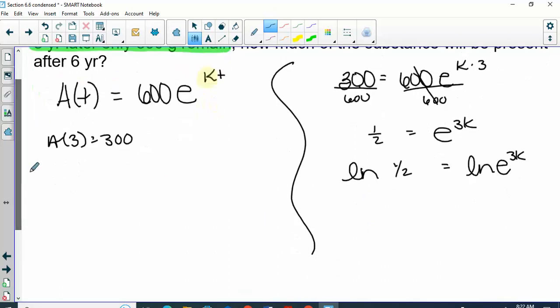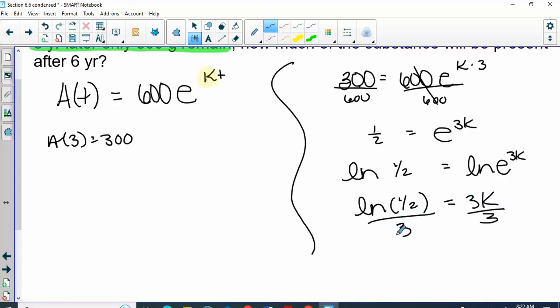We know the natural log of e is just 1, so that goes away. So divide by 3. So we have the natural log of 1/2 divided by 3. We need to go to 3 to 4 decimal places for your k. You will have a slightly different answer depending on how many. This is negative 0.2310, so just negative 0.231.